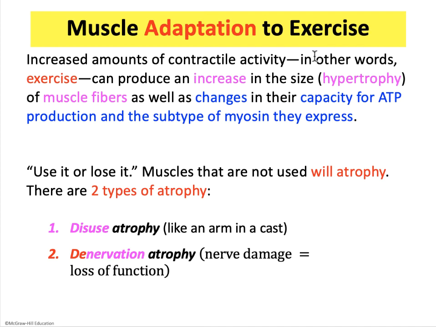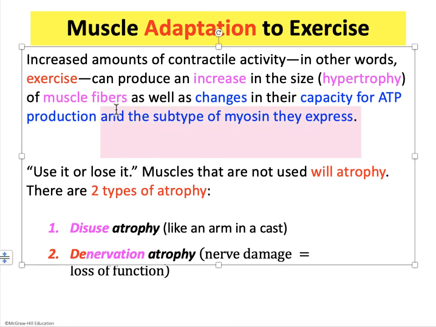If one exercises muscles, the muscles will increase in the number of muscle cells that they have inside that muscle. And they can also change the capacity of the ATP production and the subtype of myosin that they express over time. So one can exercise more efficiency to align with the type of activity one is doing.